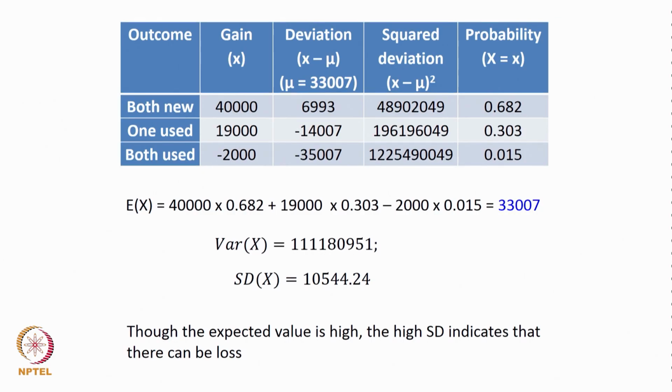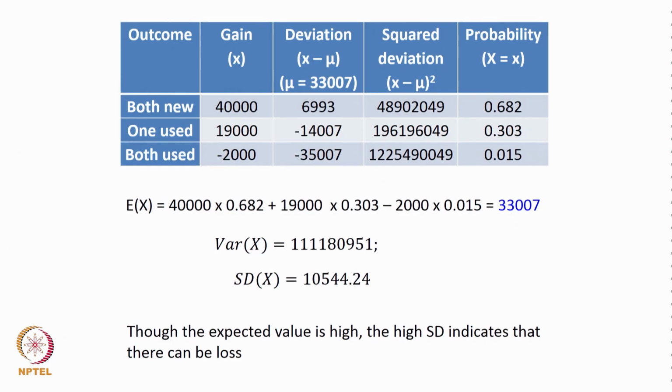So, it becomes minus 2000, and now the average is 40,000 into 0.682 plus 19,000 into 0.303 minus 2000 into 0.015, which is 33,007.